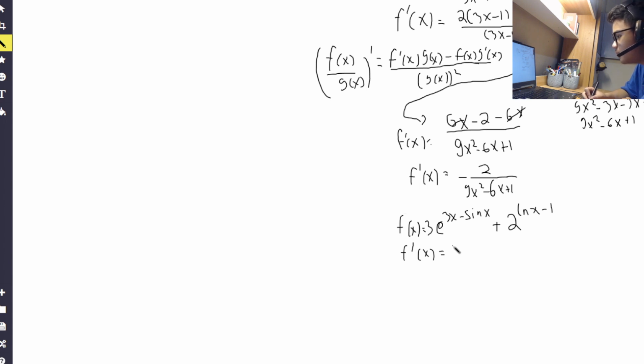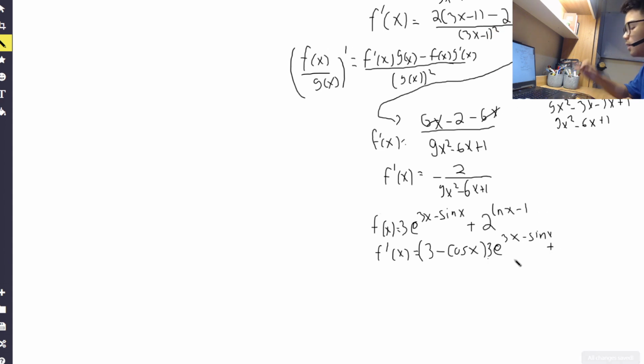So this is going to be 3 minus cosine x, times 3e to the 3x minus sine x, plus 2 to the power of ln x minus 1.